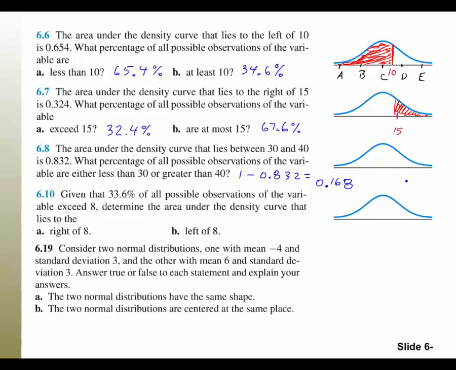Kayla, where would 30 and 40 be? I marked it at like B and D for 30 and 40. So let's give that a shot here. So like around here and around here.